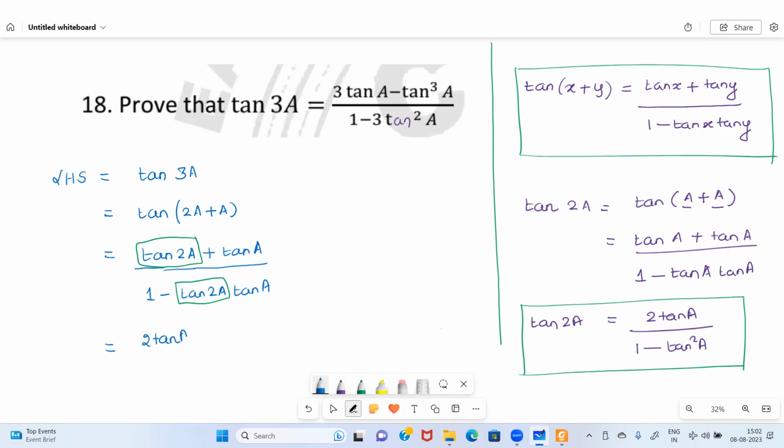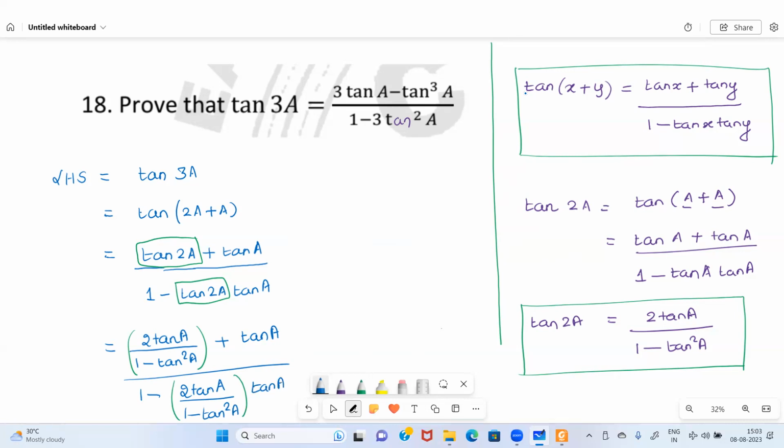So this is nothing but 2 tan a divided by 1 minus tan square a, plus tan a, divided by 1 minus, again wherever tan 2a is there, I am substituting 2 tan a by 1 minus tan square a, into tan a. Now we are going to continue here.